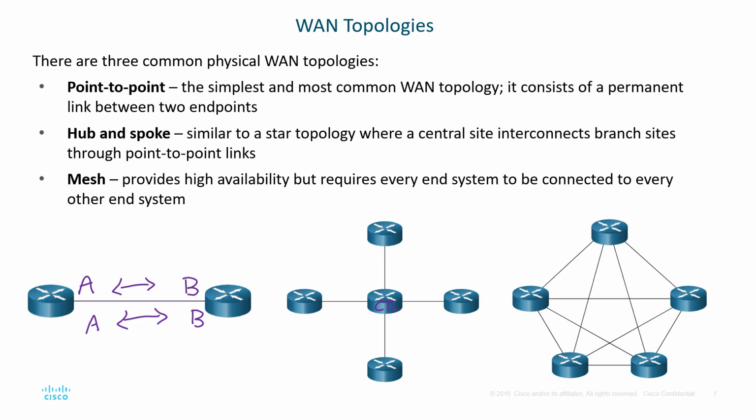Branch 1, branch 2, branch 3, and branch 4. So everyone is connected to the central office. What's one thing you might see problematic with this topology? Single point of failure. Central goes down, nobody gets networking.